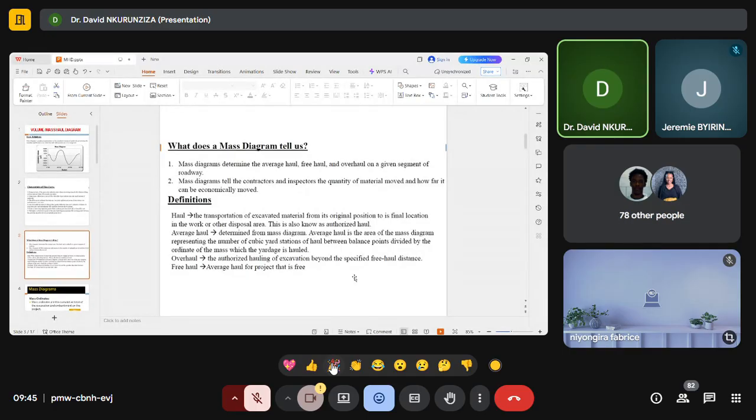So let me look for another diagram which has been done by our students. Then I want to share it with you so that you can have a look at it. Just wait for about 1 minute. I look for that one, then I share it with you.